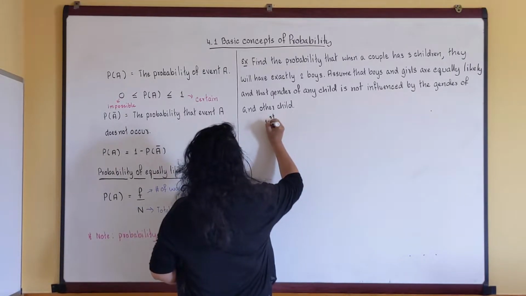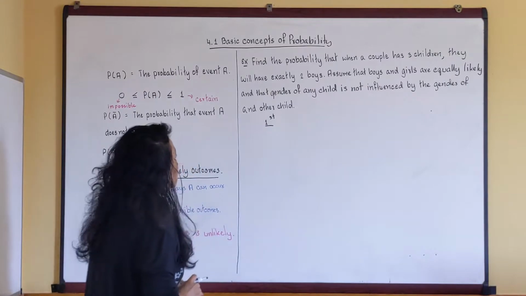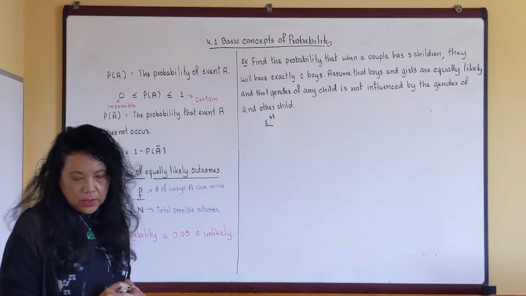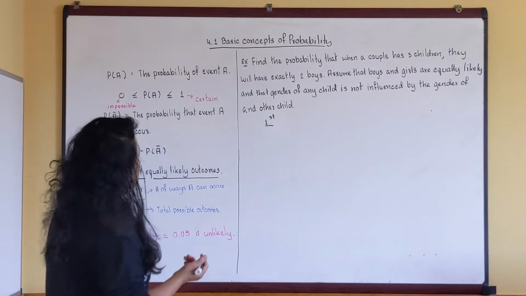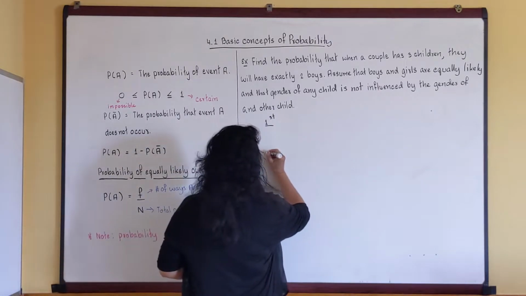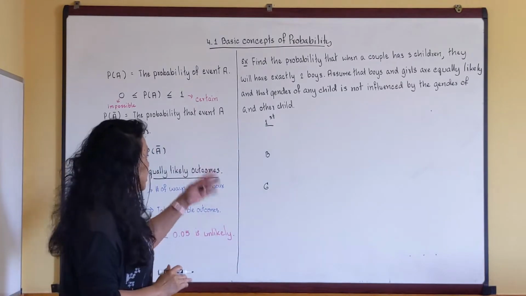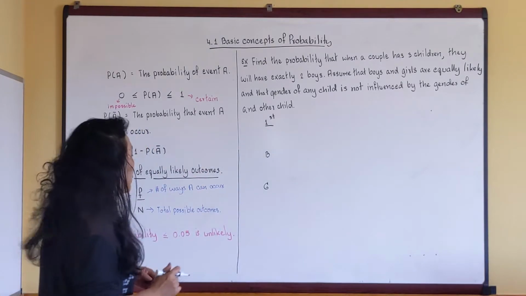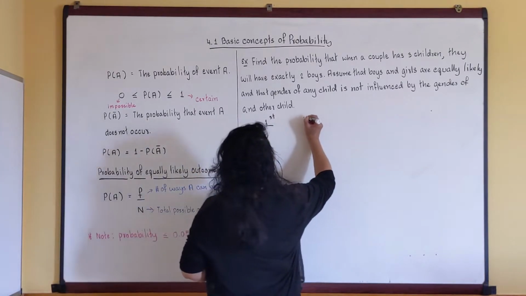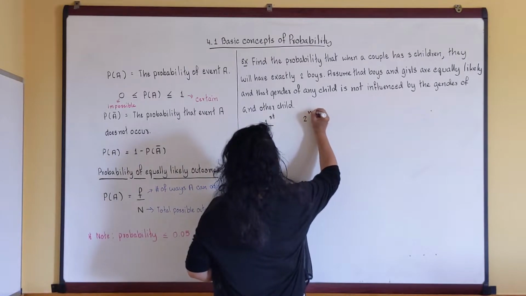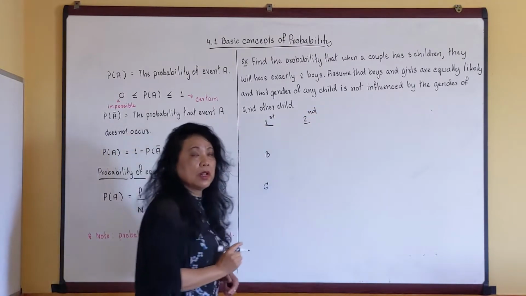Alright, let's say the first child. You have 2 options: you can have either a boy or a girl. There are 2 possible outcomes, and they're equally likely. After the first child, this couple is going to have a second child.